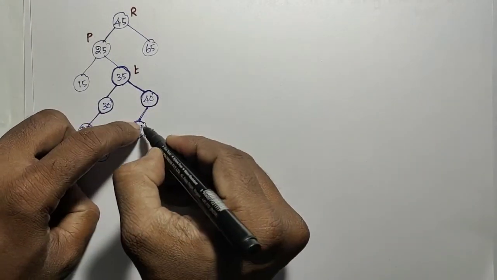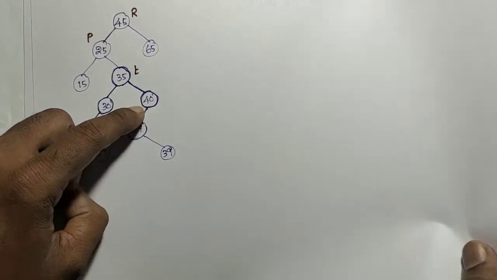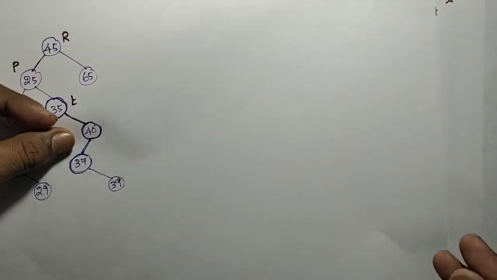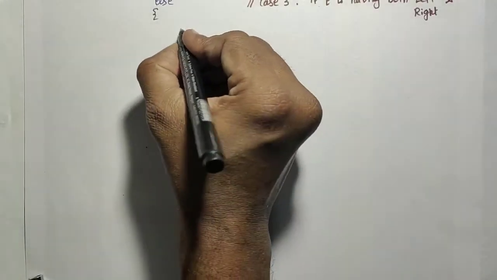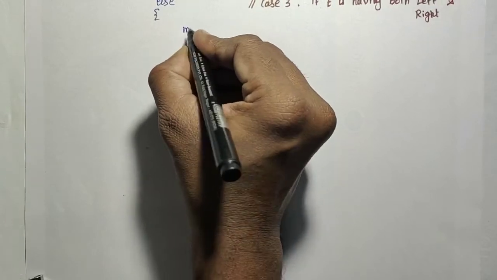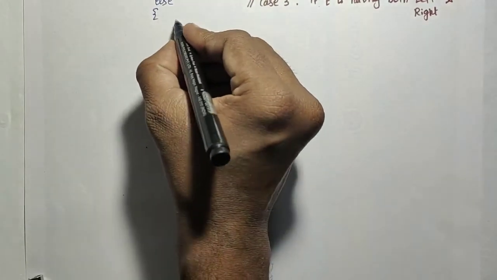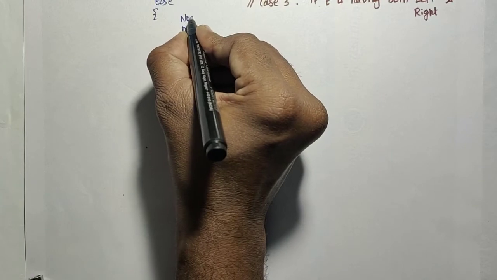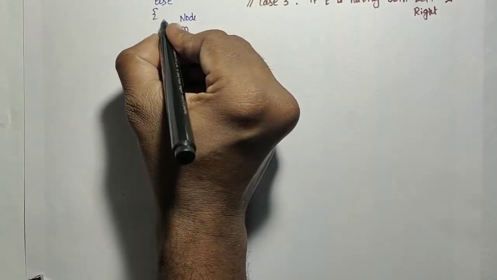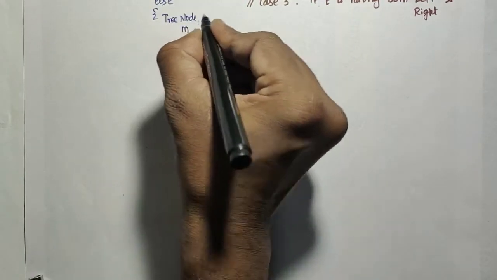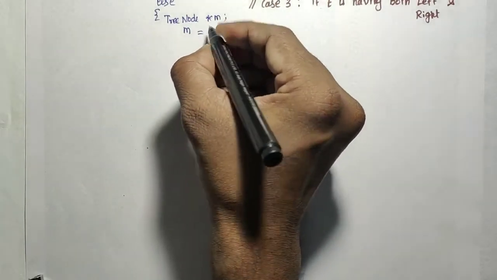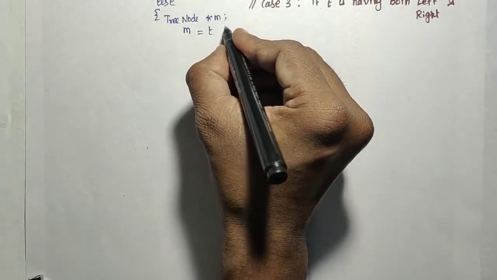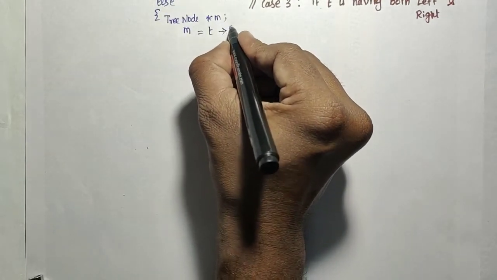Here, take a temporary variable m. That m is a Node star, a tree node pointer, star m, and m equal to T of right.